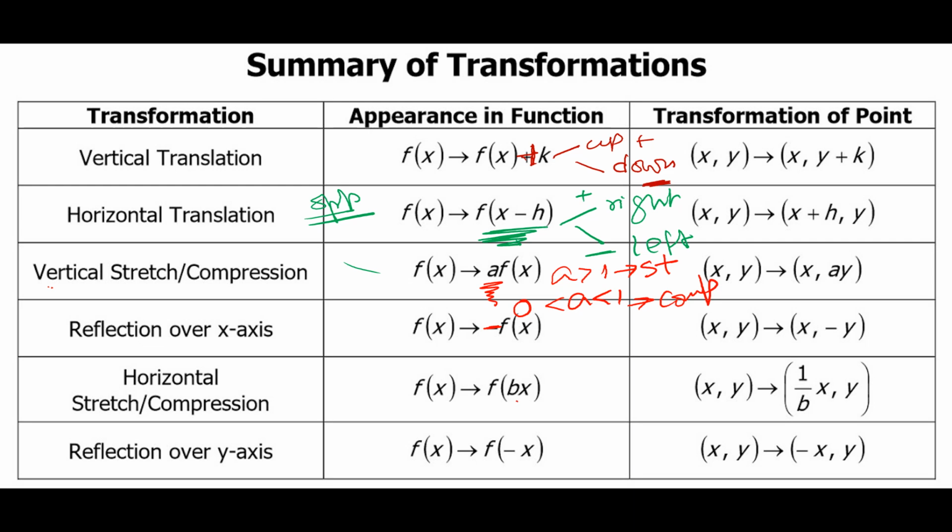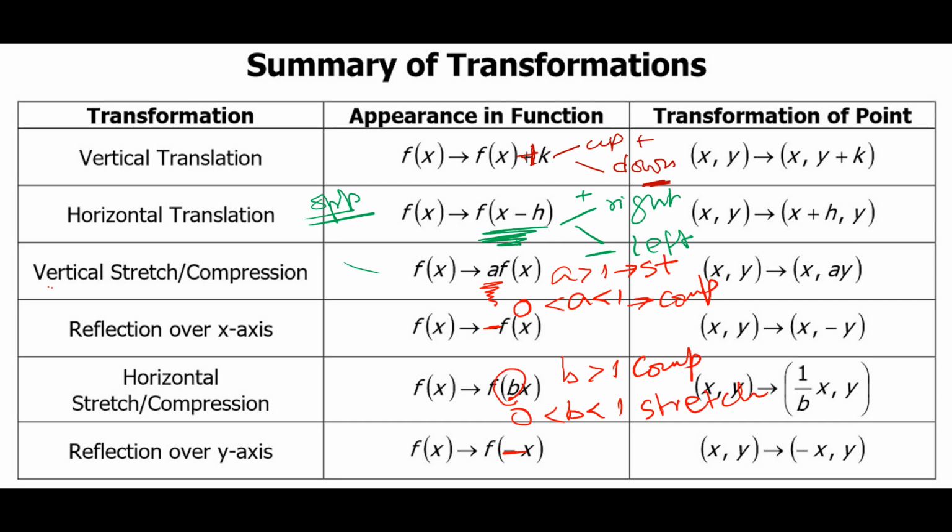Then look at the B. If B is greater than 1, it means horizontal compress. But if B is between 1 and 0, then it is the horizontal stretch. If the negative is inside the function, f of negative x, you are reflecting over the y-axis.